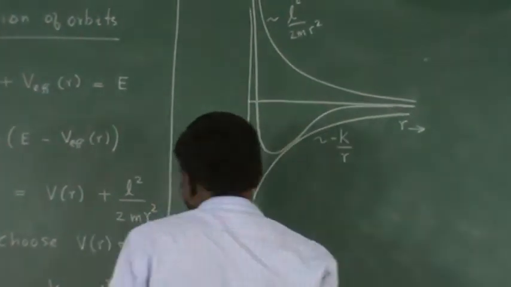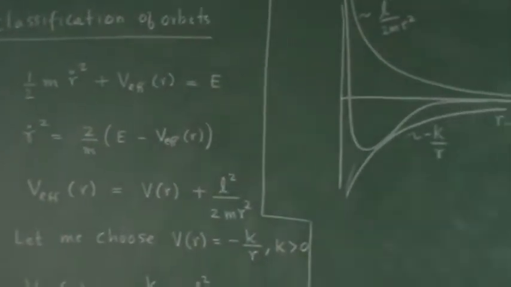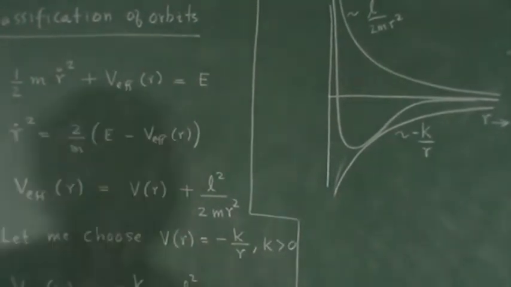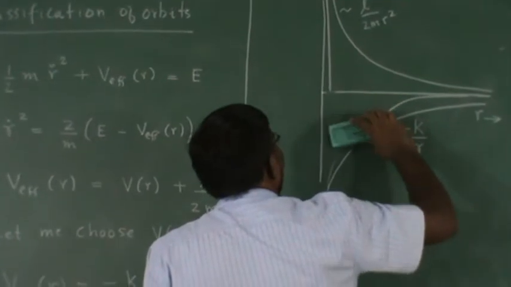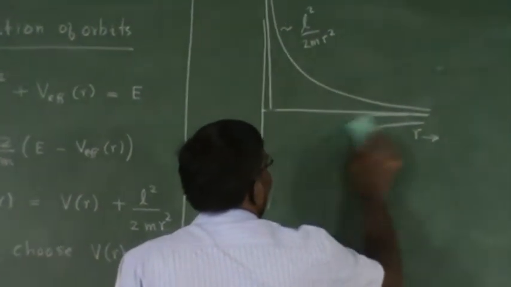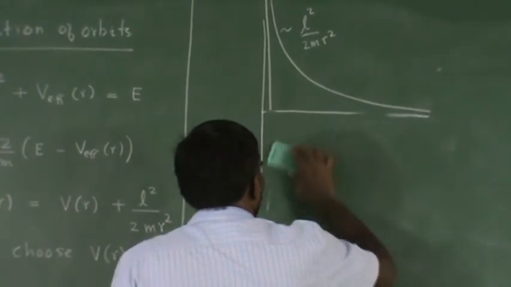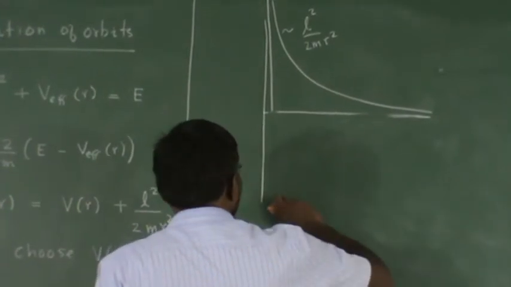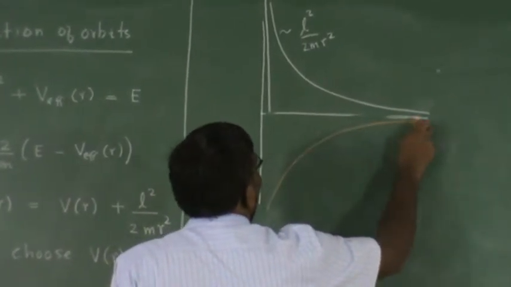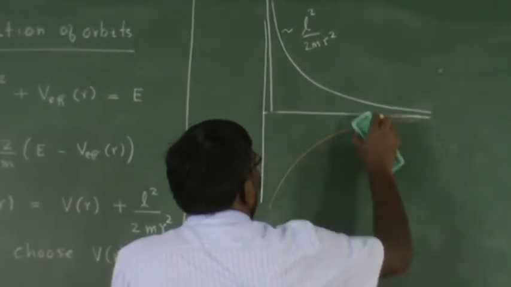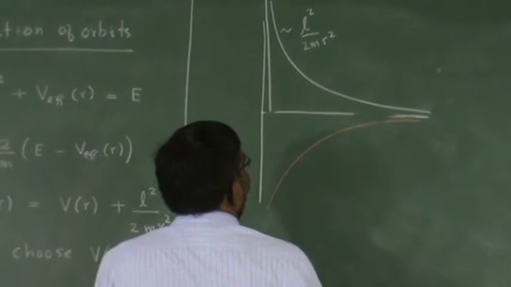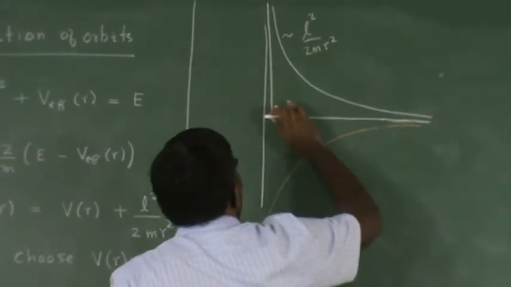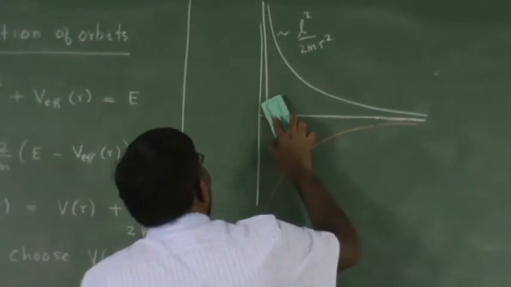So this one, we can add some color. There are color charts here. So let's say this is the 1 over r potential, and this is the L square by twice m r square.